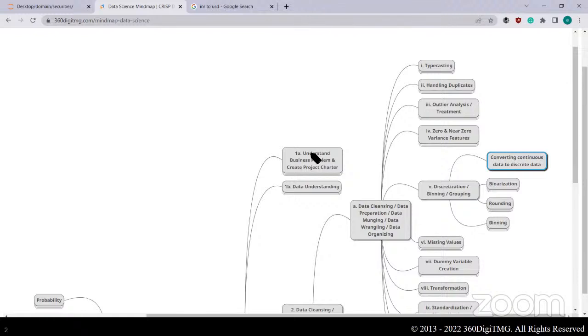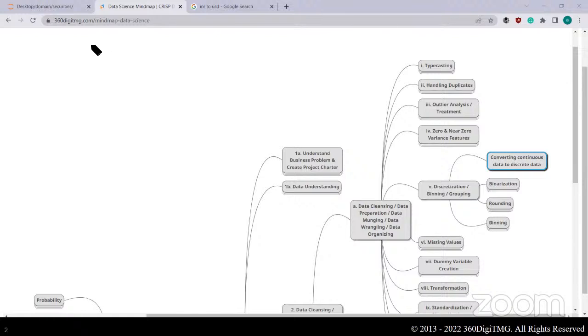Okay. In that also we can convert float values to int values, but that is not what we are doing here. Okay. So let's see, you have binarization. Binarization, as the name suggests, you are converting the data into some binary format. Yes, no, true, false is what we call binary format.